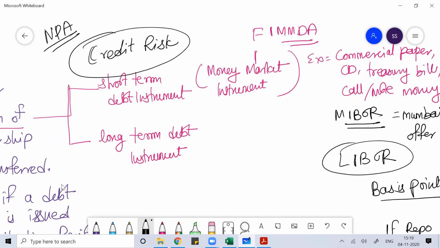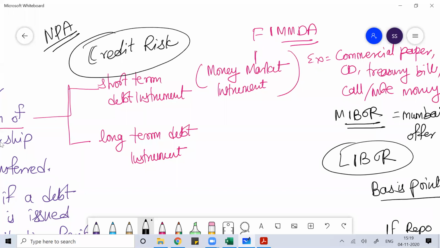You have heard of CRR, cash reserve ratio, SLR, statutory liquidity ratio, then capital adequacy ratio. Lots of norms have been put by the Reserve Bank of India to make sure the banks in our country should not default.